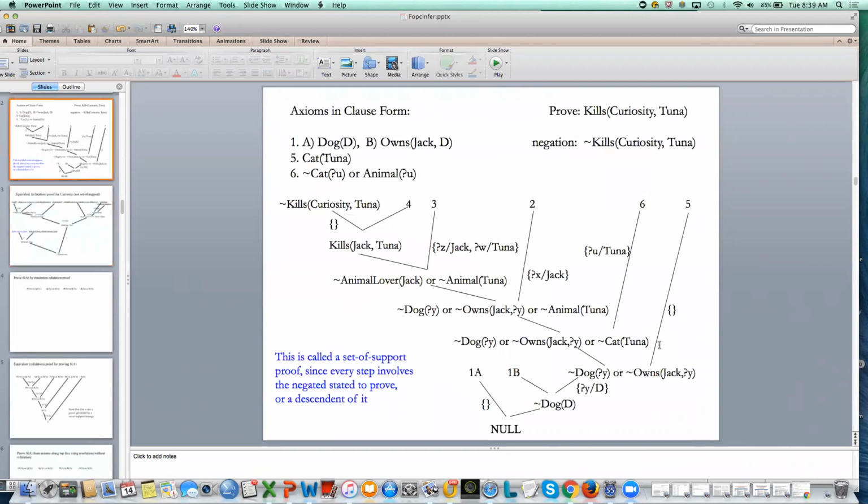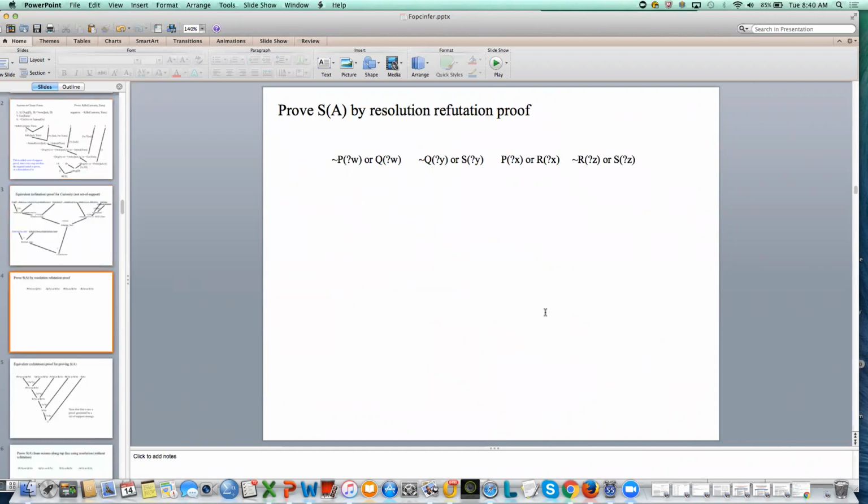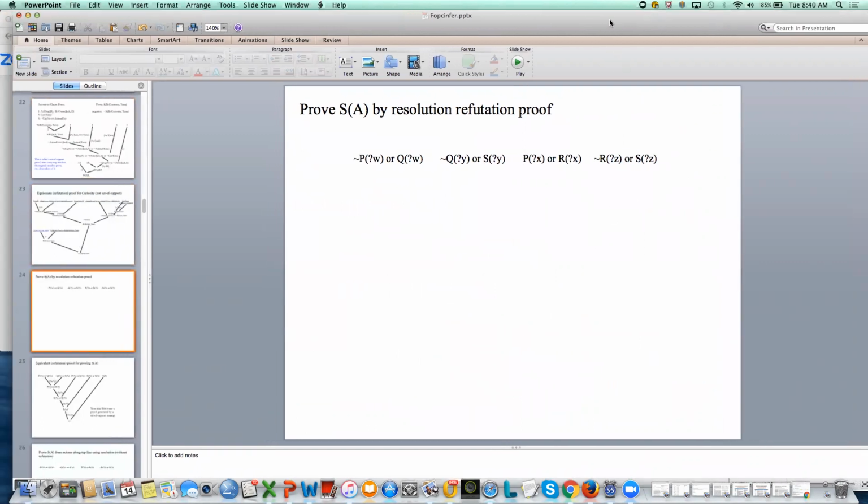The reason that a set of support strategy is intuitively nice is if, in fact, this negation is introducing what amounts to the contradiction, then intuitively, it is probably, in most cases, going to lead to a more efficient proof, shorter number of steps to find the contradiction than a non-set of support strategy.